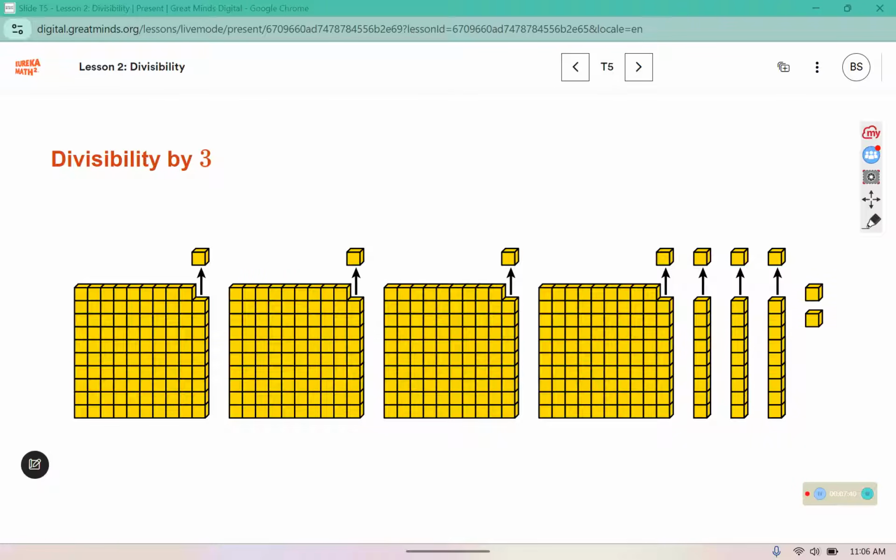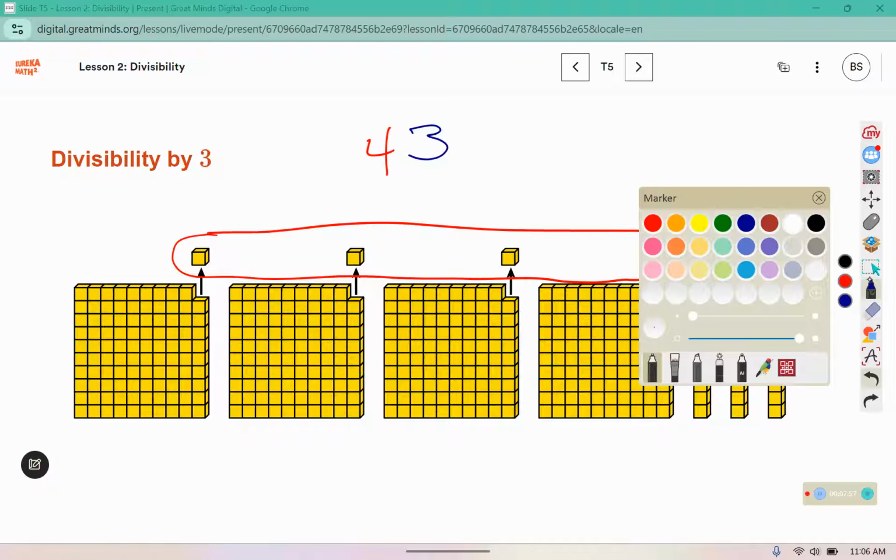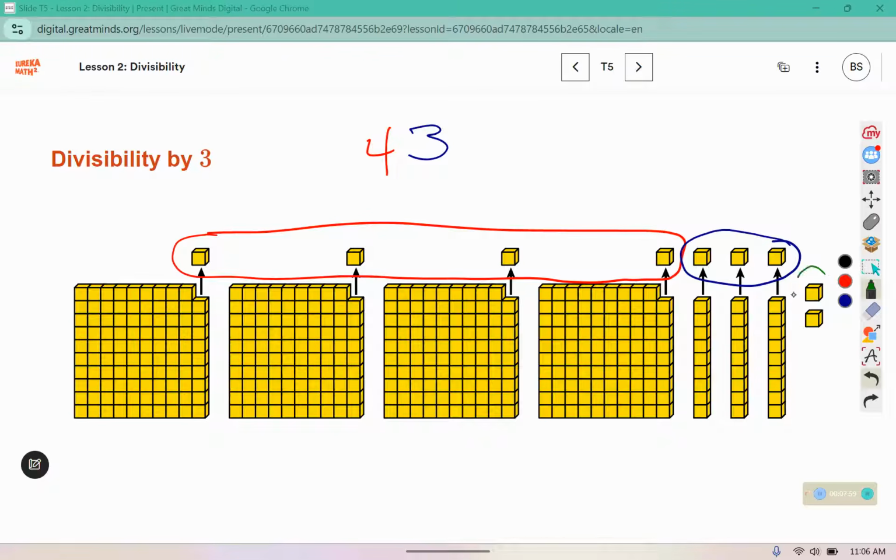So now I have 9 ones floating around. You can think of this as 4 from the hundreds, 3 from the tens, and 2 from the ones to make 432.